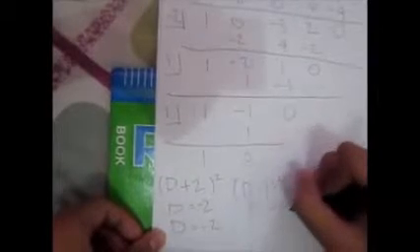So D plus 2 squared, D minus 1 squared equals 0. So our D is equal to negative 2, negative 2, 1, 1.